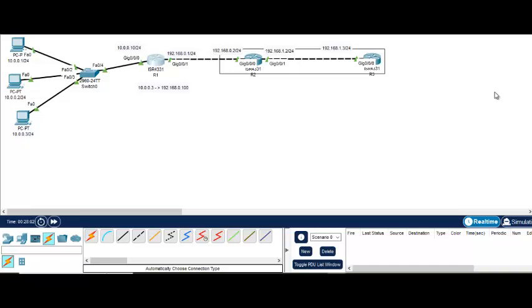It is absolutely bidirectional. You can ping from R3 also, no? Then it is bidirectional. If you cannot ping from R3, then it is unidirectional. If you can only ping from the computer, then it is unidirectional. You understood? Static NAT is over. Clear?